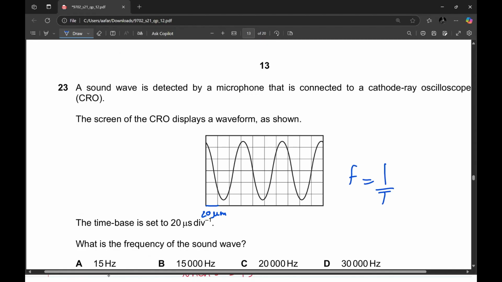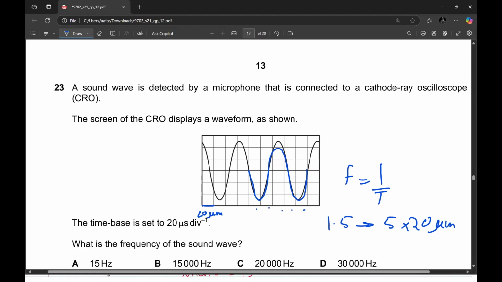So the time period of 1.5 waves takes 1, 2, 3, 4, 5 divisions, so 5 into 20 microseconds. So one wave takes 5 into 20 over 1.5 microseconds.